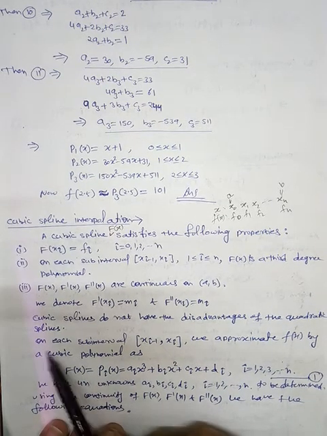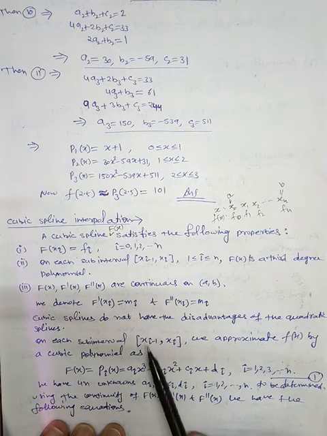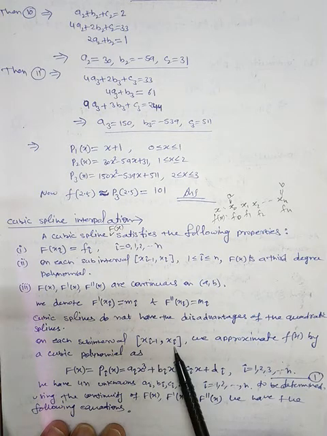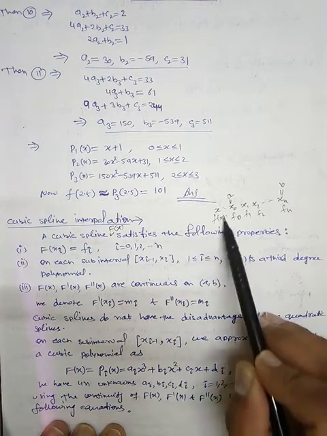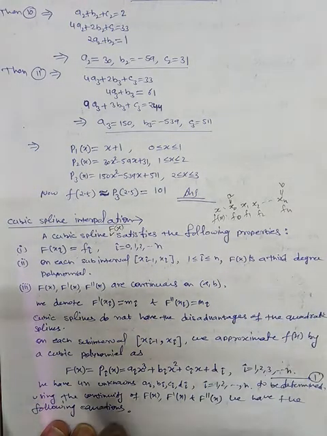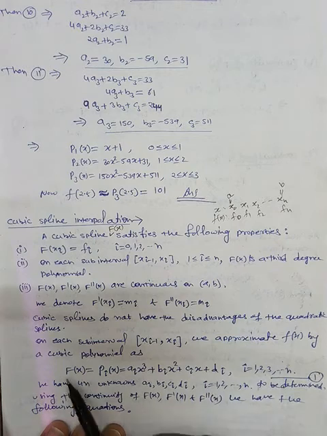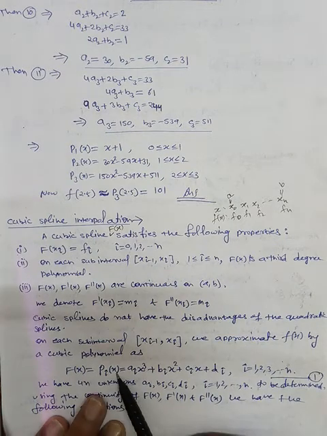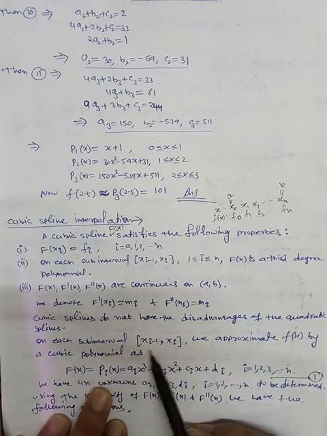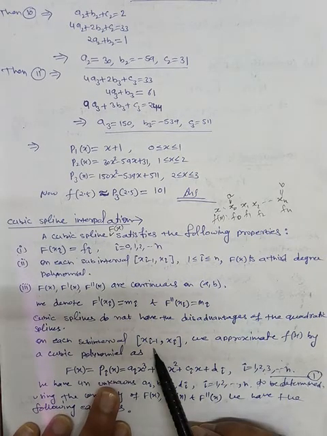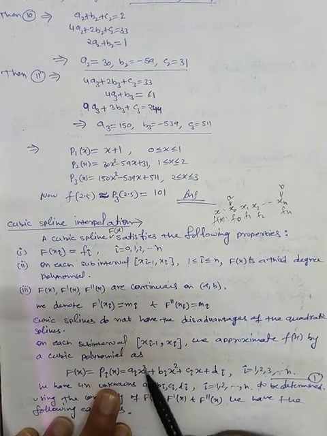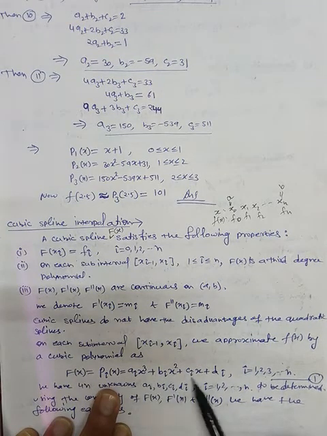Fine. So now on each subinterval xi minus 1 to xi, we approximate f of x by a cubic polynomial, which is denoted by this. F of x is equal to pi of x, a polynomial in the ith interval, which is nothing but ai x cube plus bi x square plus ci x plus di.